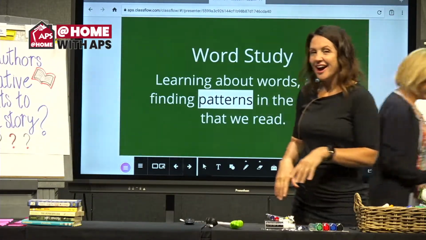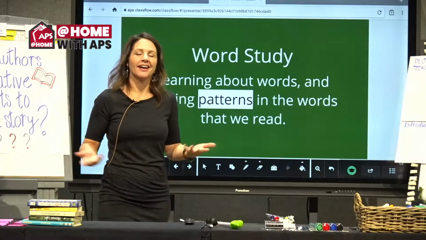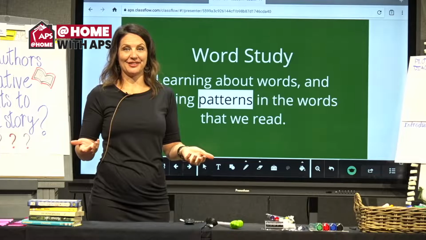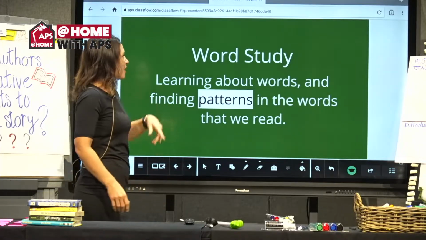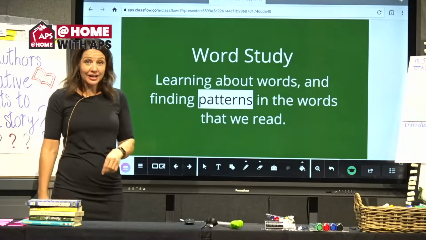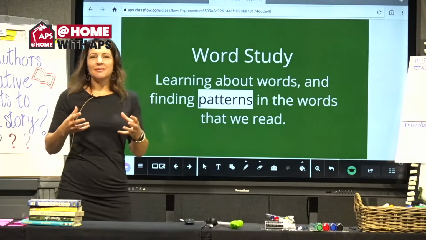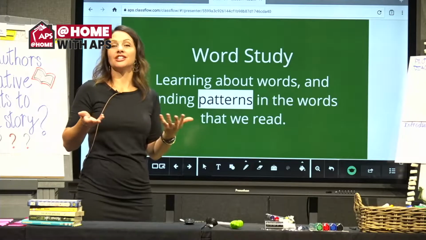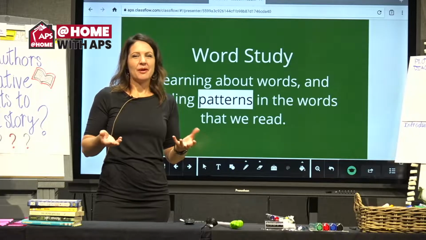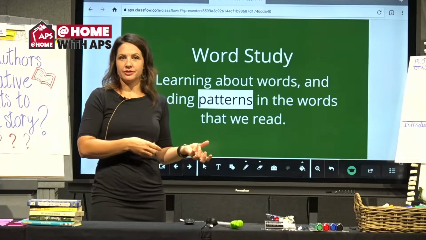All right, friends, so every Tuesday and Thursday, we're gonna be studying words together. It's called word study. Word study is just learning about words and finding patterns in words that we read. Sometimes students don't think about how words are constructed, but a lot of our words in English are made of patterns.